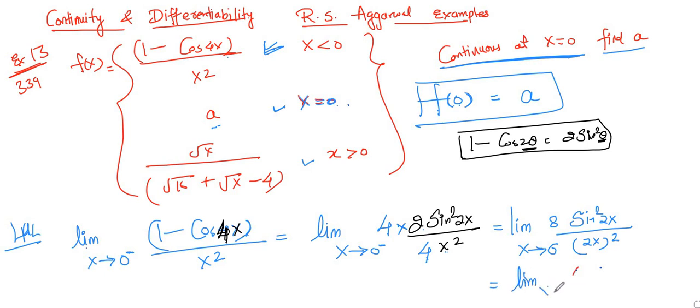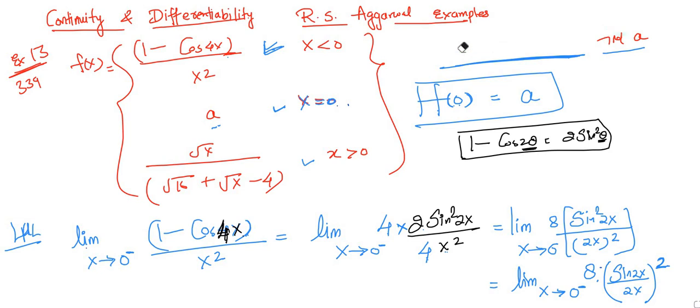Now can I write it as limit x tending to 0 minus, 8. Let me just remove this. 8, and what is this together? Together it will be (sin 2x by 2x) whole square. Can we write it? So far so good.